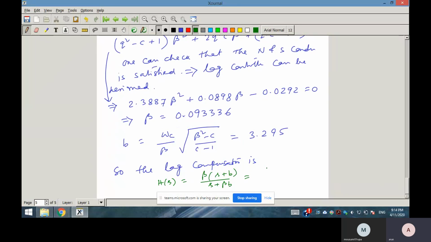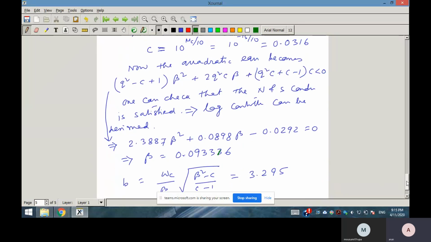If you put those b and beta values, it will be 0.09336, I think this is 0.09336, please check it, times (s plus 3.295) divided by (s plus 0.3076). So this is about the lag controller.